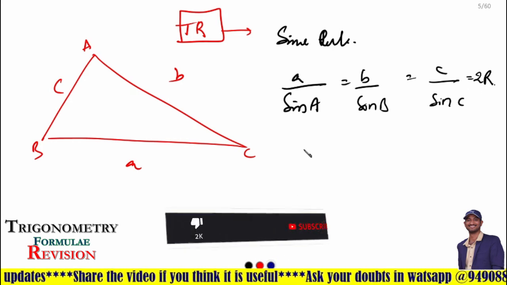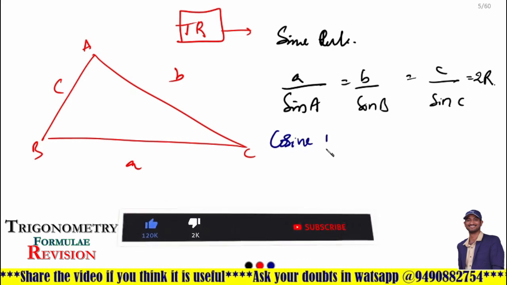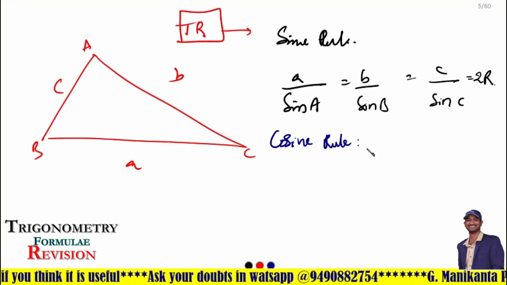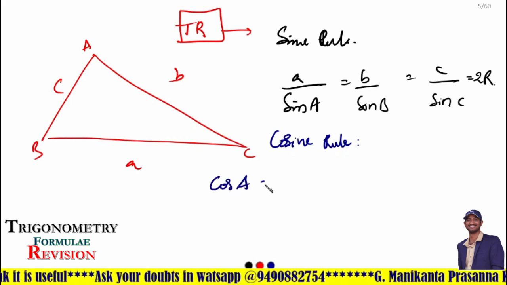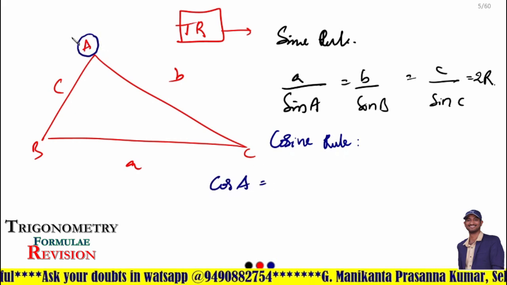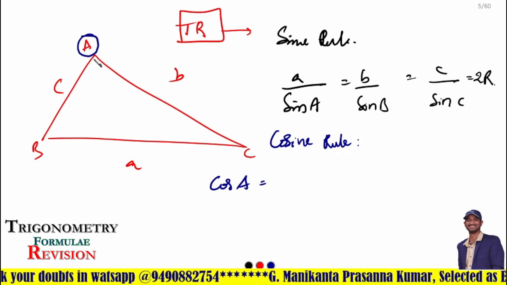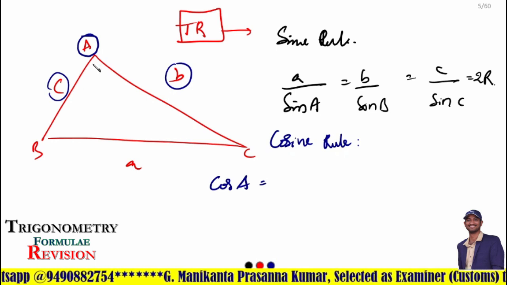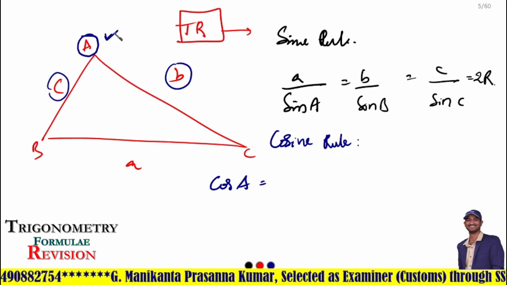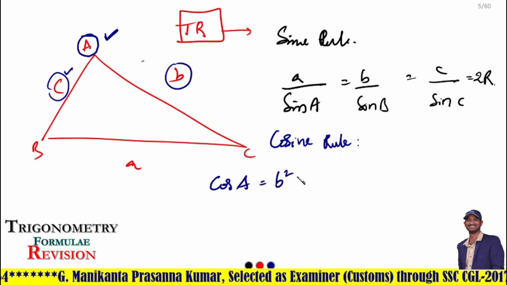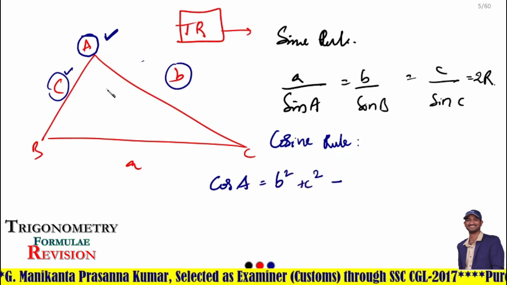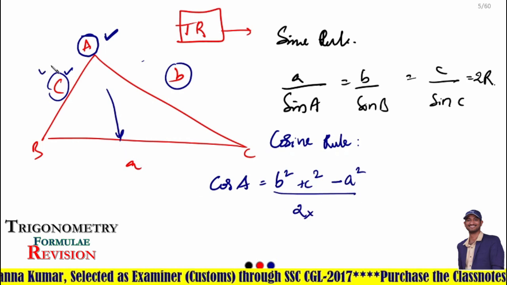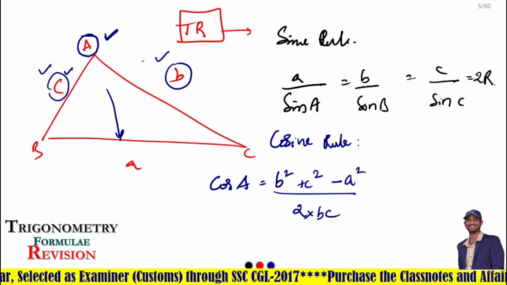And what about the cosine rule? These two are sufficient for our exam, like SSC. So what is the cosine rule? Cosine rule means cos A, the cos of the angle at one vertex, is equal to the sum of the squares of the adjacent sides at that vertex, that is b square plus c square, minus the square of the opposite side, that is a square, divided by 2 times the product of these adjacent sides, b into c.